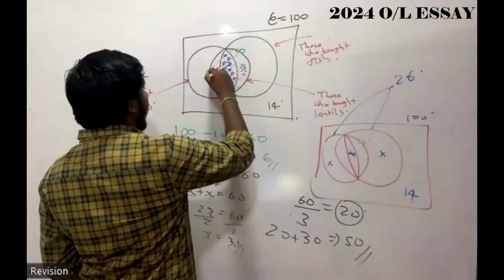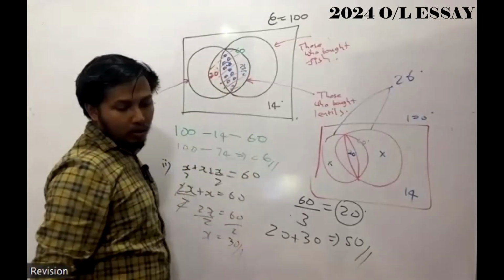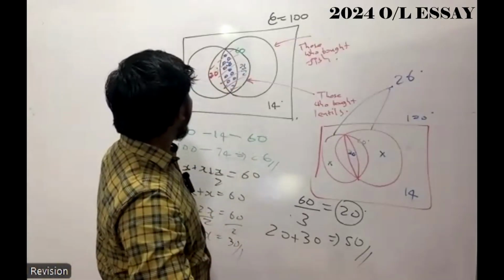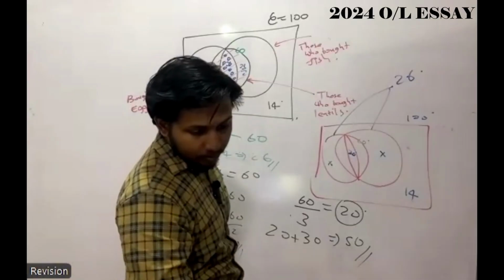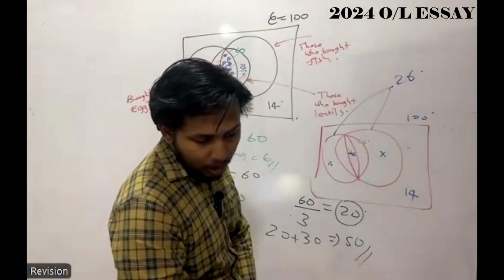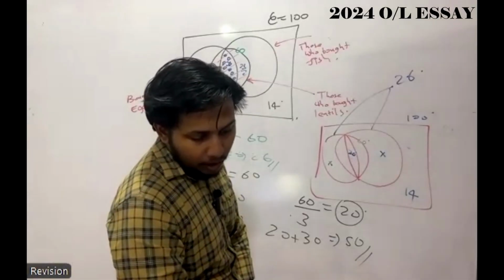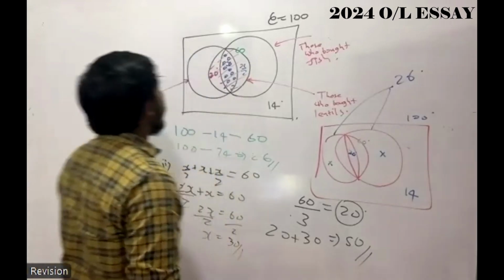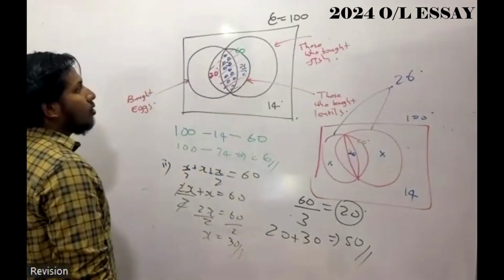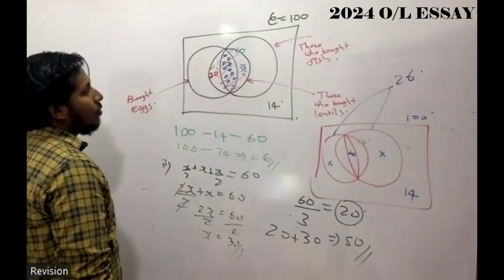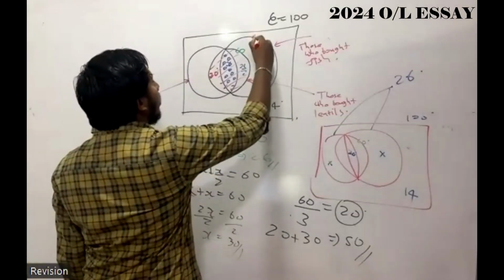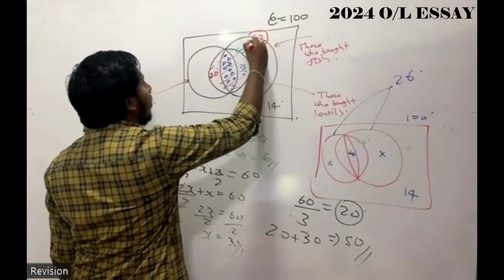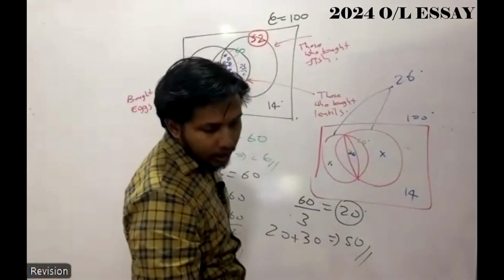Now what we are supposed to do here: they are asking in Roman number 4, if the number of customers who bought fish is 52, right? This part is 52.